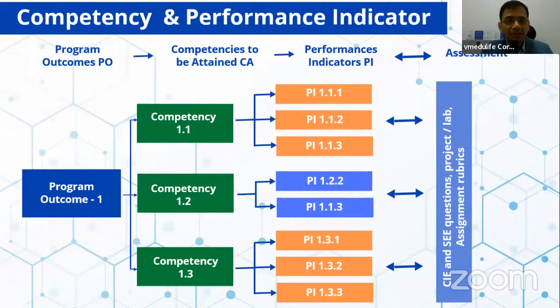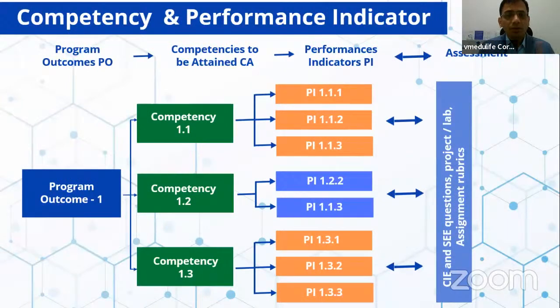Then we divide this engineering knowledge into competencies, 1.1, 1.2, 1.3, for example. Once these competencies are decided, each individual competency is subdivided into certain indicators, that is the PI, performance indicator.